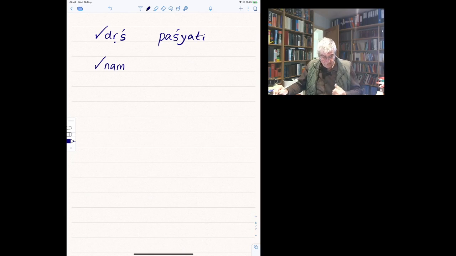The root actually means to bend, because as you're bowing, you are bending the body. It's this primitive way of non-aggression. You're making yourself smaller before somebody else. It's a sign of respect originally, and very primitively non-aggression. So you bow. Again, this root does not change for the present tense. So namati, he bows.